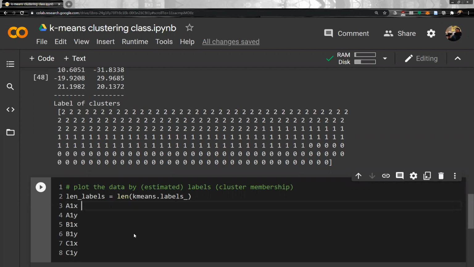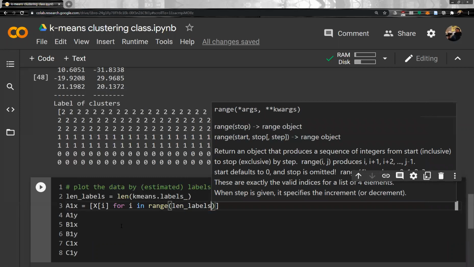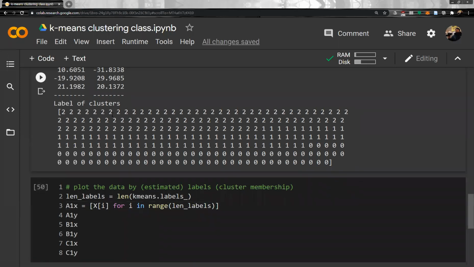We have data. So first one is A1X, for i in range length of labels, and then for each i, when the label is 0 we will make it A1X. Actually it is a 2, so it starts from 2.